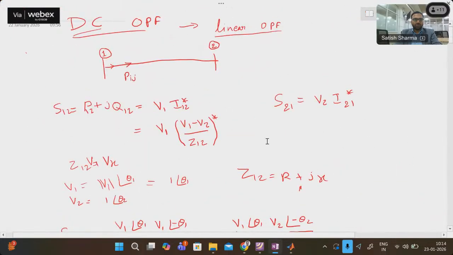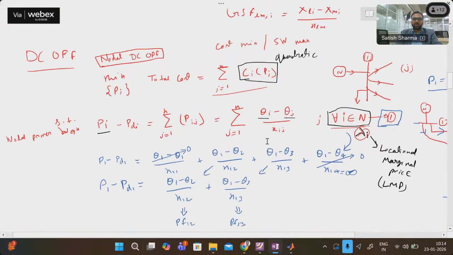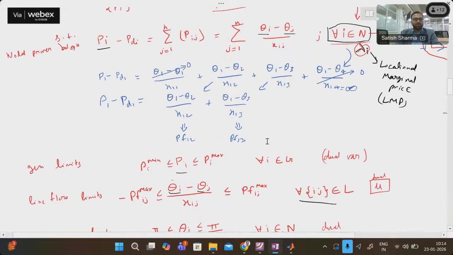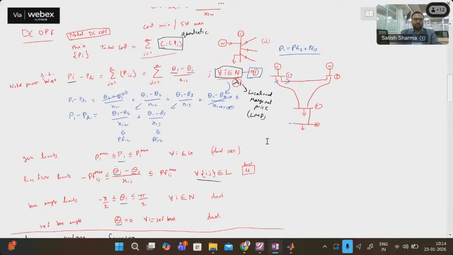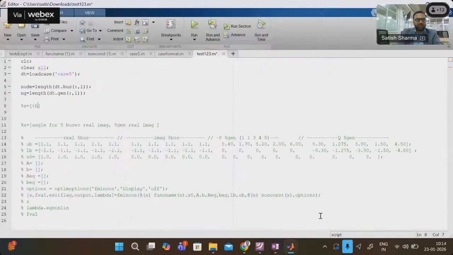If I go with the formulation, we have defined that p and theta will be the variables in this particular formulation. So I will assume theta 1, theta 2, theta 3, just for my reference, so that we don't get confused. And then we have generators p1, p2, p3, p4, and p5.